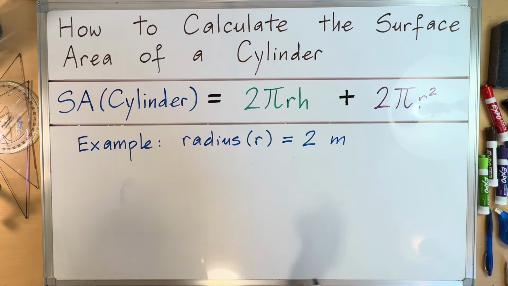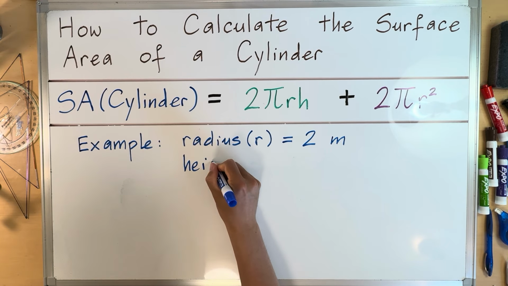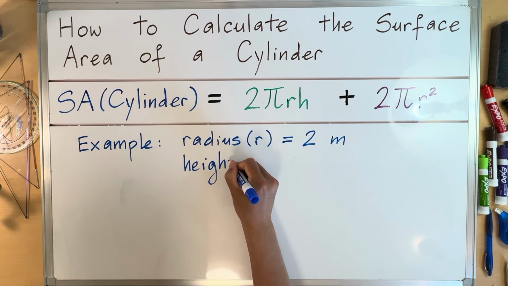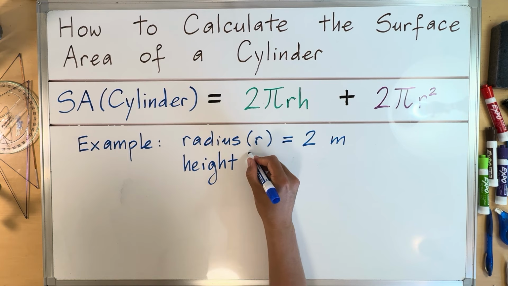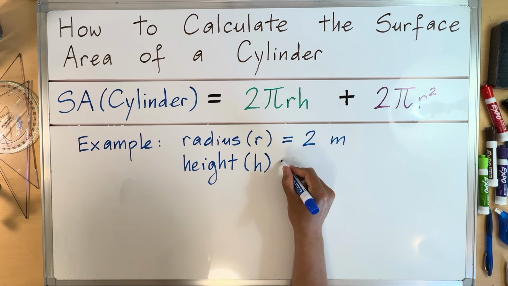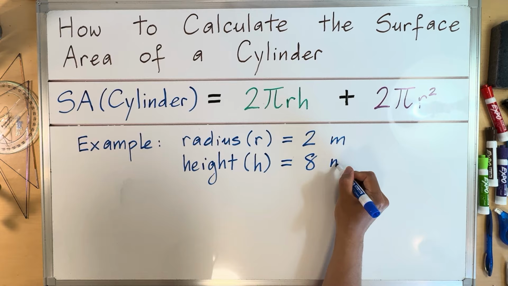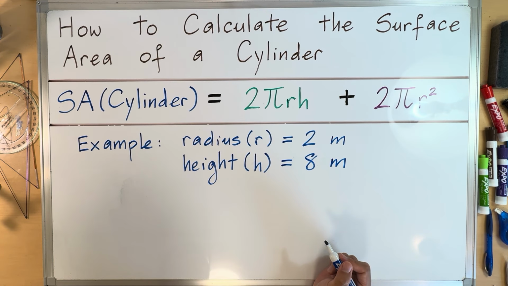And the height of the cylinder is 8 meters long. What is the surface area of this cylinder?